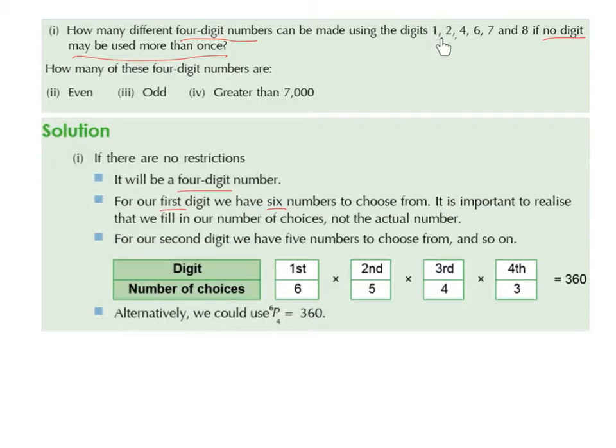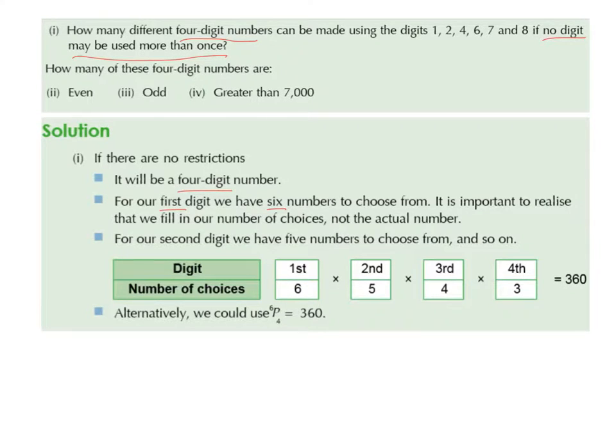So we have 1, 2, 3, 4, 5, 6 numbers to choose from for our first digit. It is important to realize that we will fill in our number of choices and not the actual number. That's very, very important.